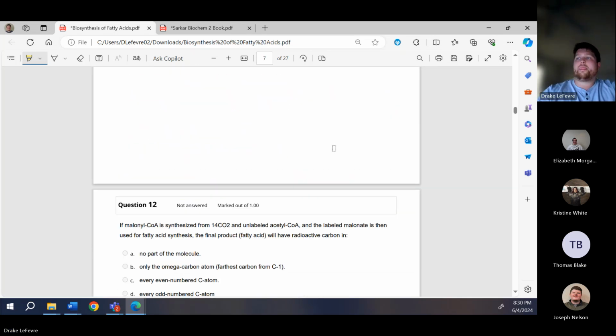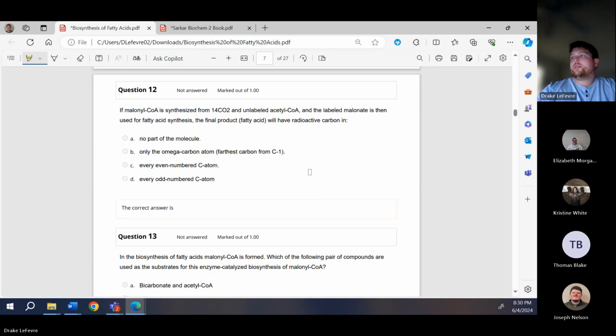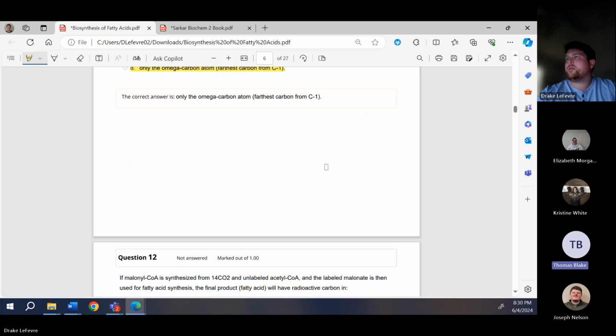I think this is the exact same question, just repeated. Nope, slightly different. This is if malonyl-CoA is synthesized from 14CO2. Well, we were just talking about the omega carbon.